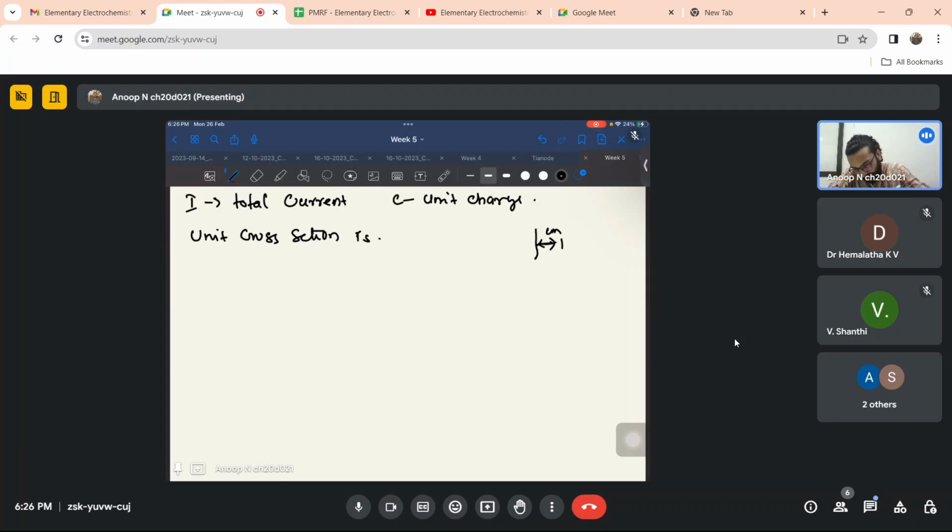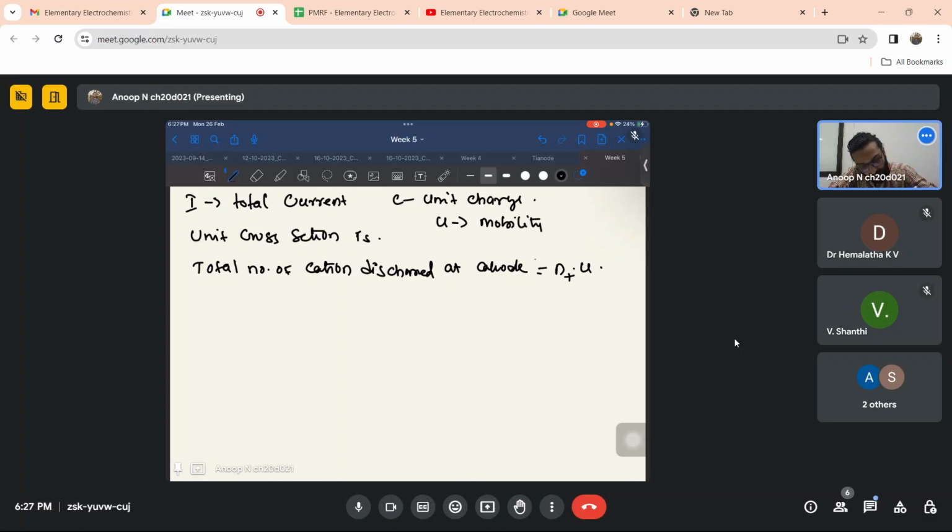So we can write the total number of cations discharged at the cathode will be equal to n plus into u, where u is the mobility of the cation and v is the mobility of the anion.